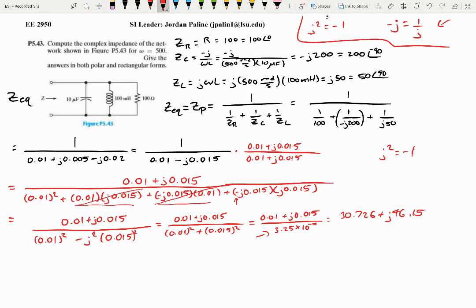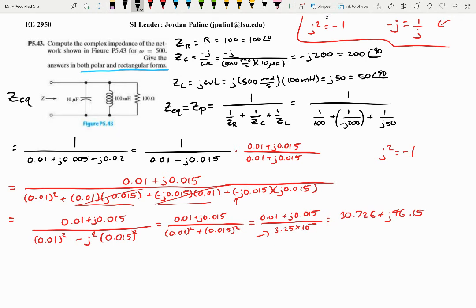All right. They want it in both polar and rectangular forms. Okay, so polar and rectangular. Right here, remember we're going to do the tangent inverse of y over x.